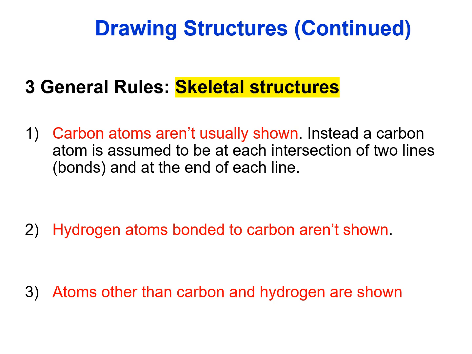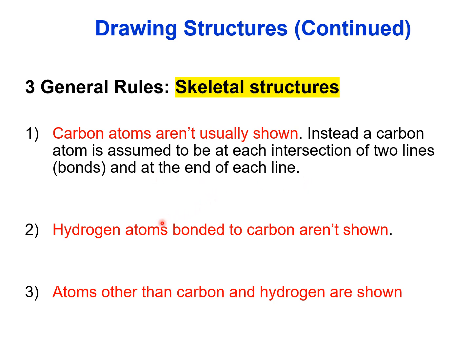Even simpler than writing the condensed structures, there is another form of drawing structures which is called the skeletal structure. There are three main rules that you have to follow in order to write skeletal structures. The first rule is that the carbon atoms are not shown. Instead, a carbon atom is assumed to be at each intersection of two bonds and at the end of each line.